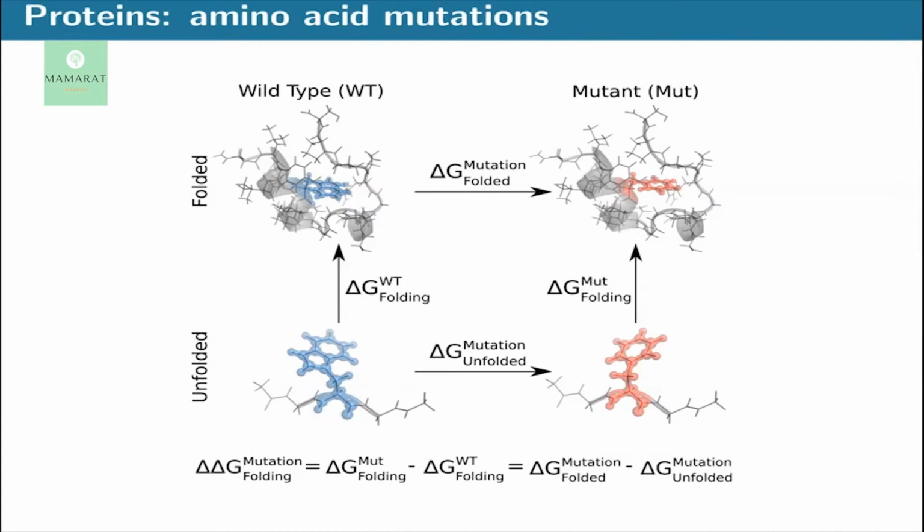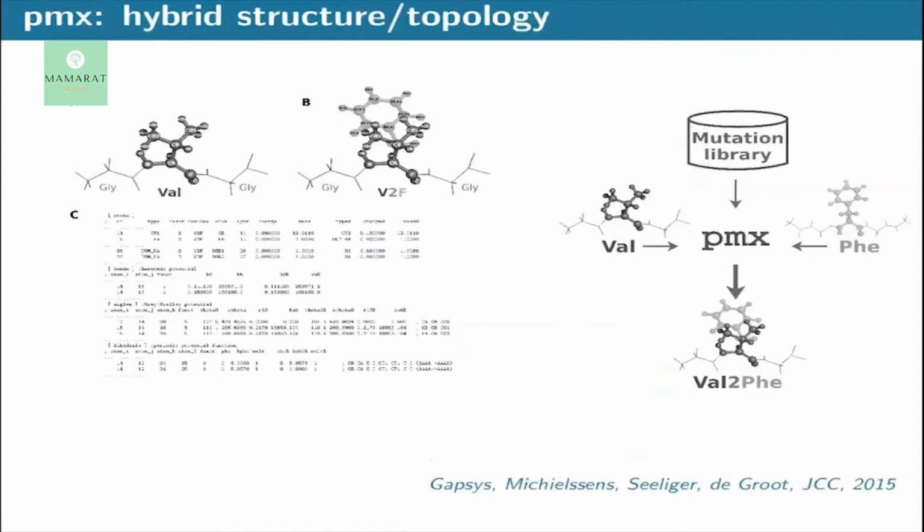And how to tell GROMACS that we need an alchemically modified amino acid? Well, that's exactly what PMX allows us to do. So how it works under the hood, it actually creates a hybrid amino acid. Here I'm using an example, valine to phenylalanine. Let's say we want to mutate valine to phenylalanine. We need to represent this amino acid, its both states, and also its hybrid state, right?